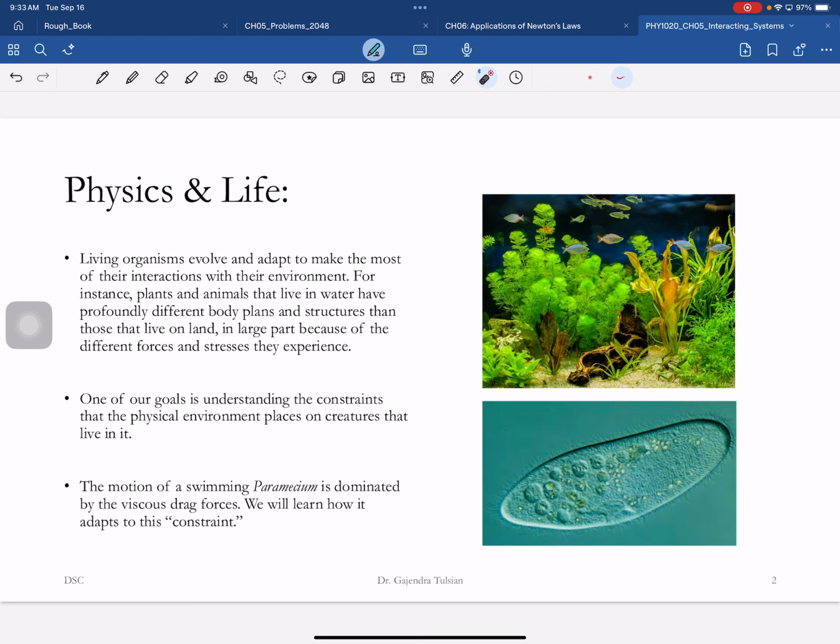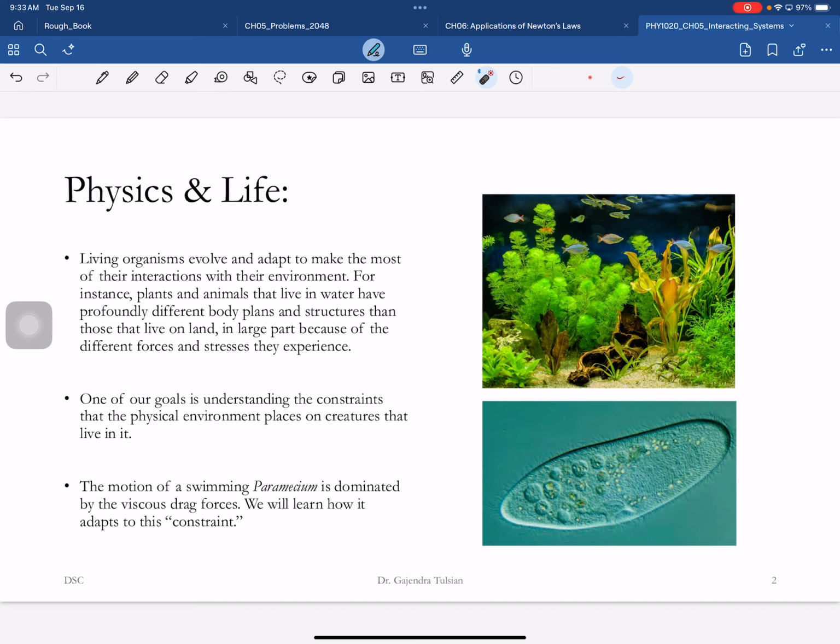This would be the same as if you had to live in a pool of honey. If you had to move in a pool of honey, you can't swim in it. You've got to figure out a way to move. So we want to understand the constraints that physical environments place on creatures. And that's what we're going to study.